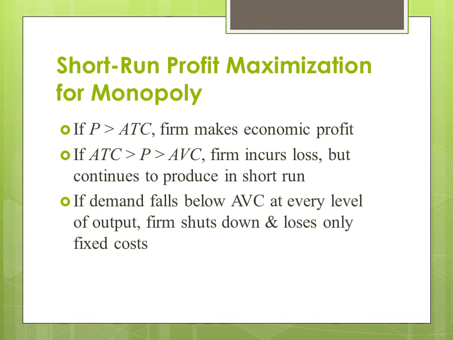If demand falls below average variable cost at every level of output, the firm shuts down and its losses are only fixed cost. So when the price is below the average variable cost, at this level the firm shuts down and bears losses equal to total fixed cost.